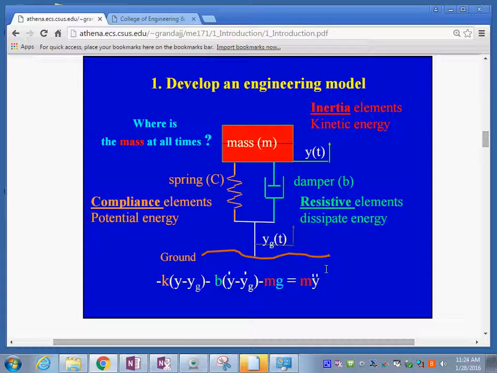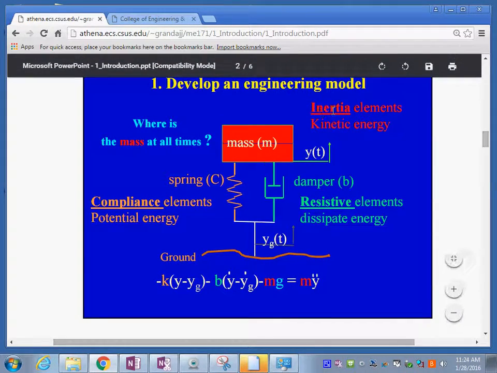I have made it color coded in such a way that you recognize that the mass here is this inertia element. Both are represented here and written in red. The green element in here is the damper. A damper is an element that actually dissipates energy, so it's a resistive element, and we are going to call it the R element.